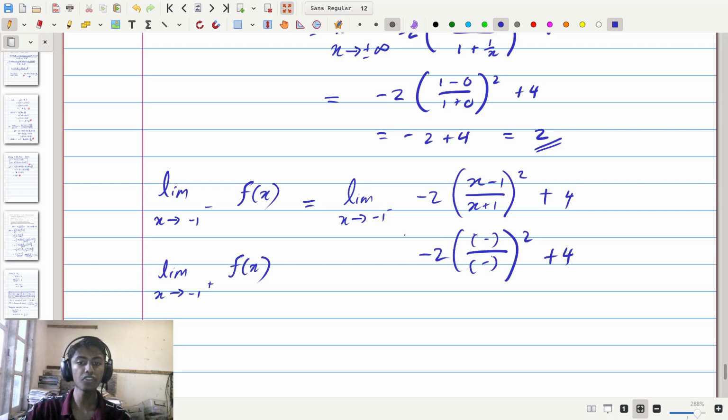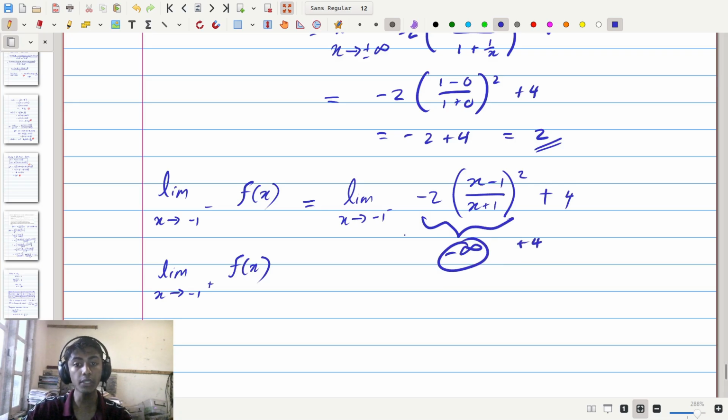Now as this value approaches 0, we can see we're going to have this value squared, which is a positive number, times -2, which is going to be a negative number plus 4. So as this value approaches 0, we're going to have a bigger and bigger positive number times -2, which is going to be a really big negative number plus 4, and therefore in the actual limit we are going to have negative infinity here plus 4.